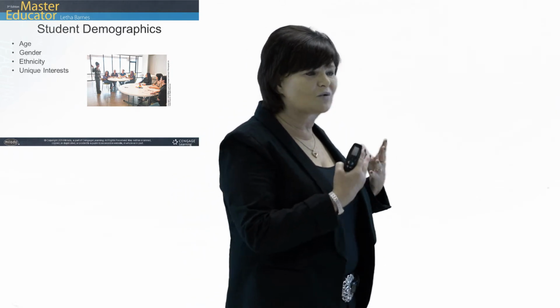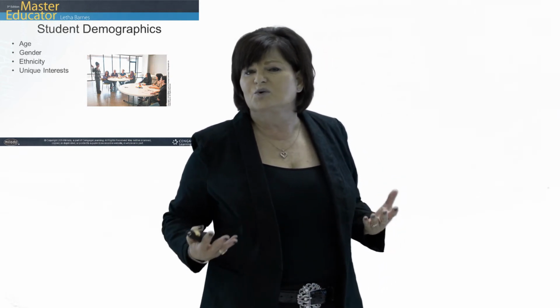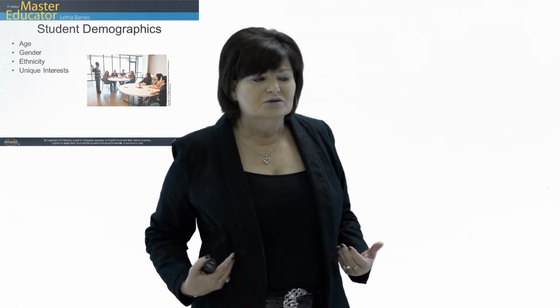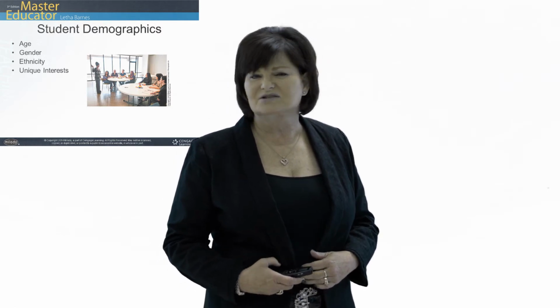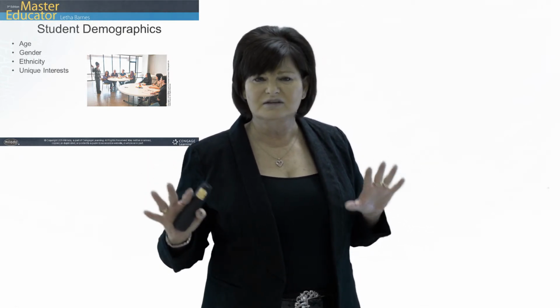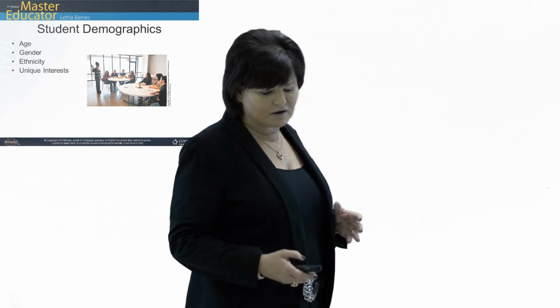Different national origins have different ways of doing things, and we need to be aware so that we don't inadvertently do anything that would be considered offensive to them. Our female and our male students, their reactions to things are different. So we need to know our female to male ratio. All of these things come into play whenever we're setting up and getting prepared for our class.